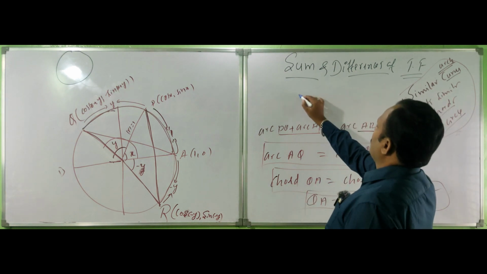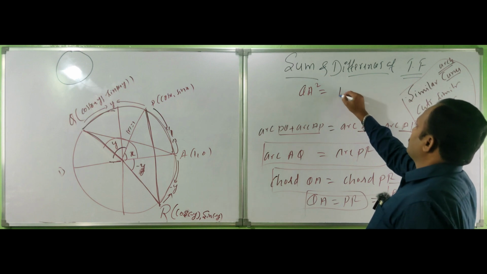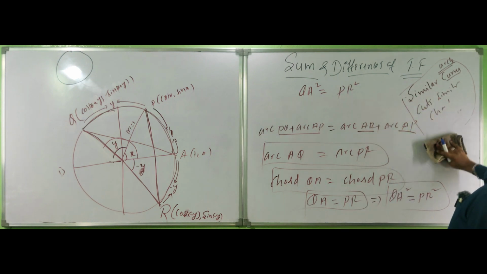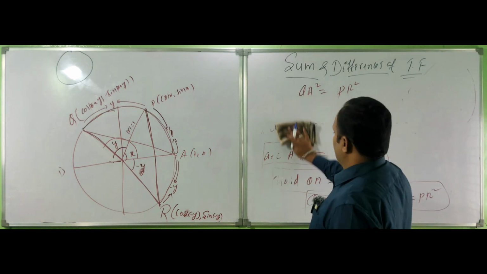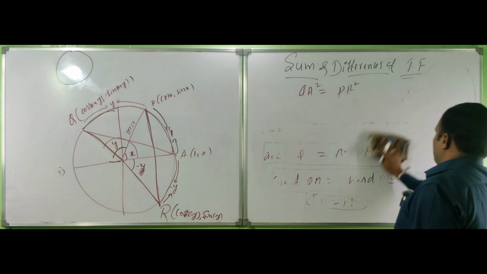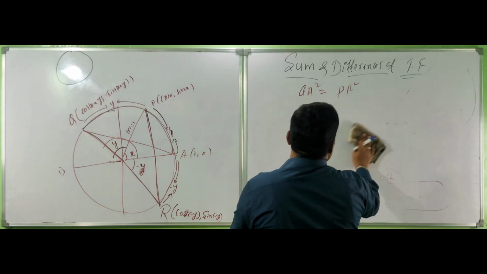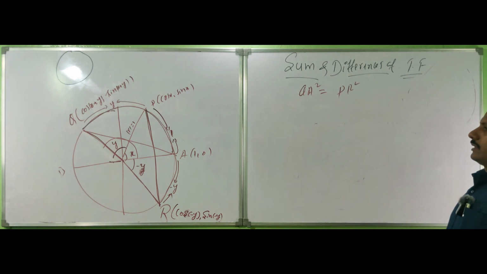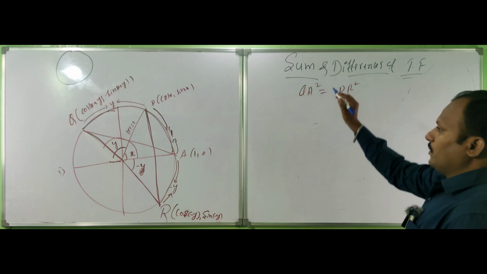QA square is equal to PR square. Just apply the distance formula to get the desired result. The distance formula is x2 minus x1 and y2 minus y1.